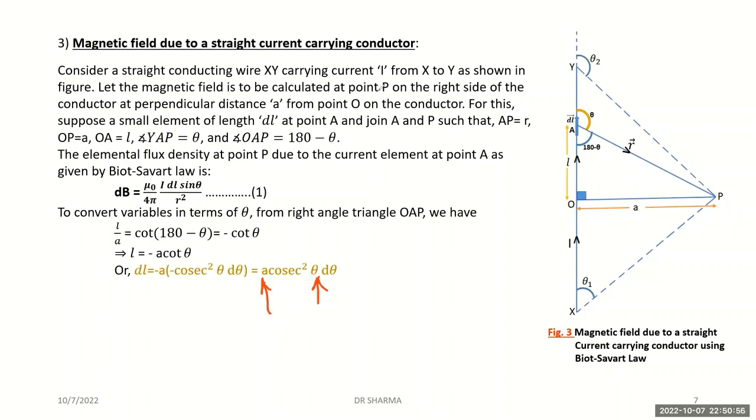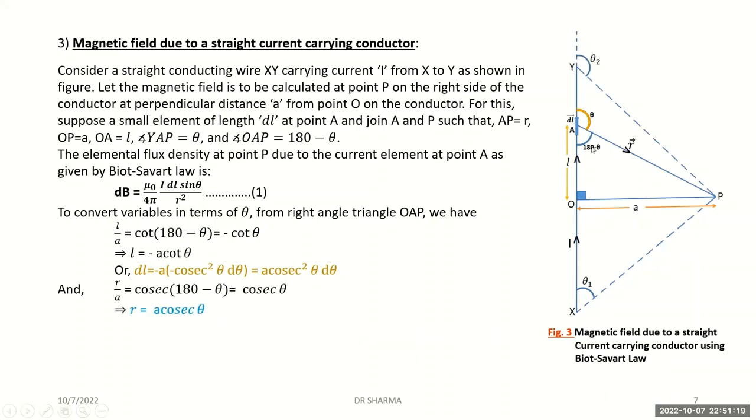Next, let us convert the variable r in terms of constant a and theta. Again, from the right angle triangle OAP, r upon a is hypotenuse by perpendicular, that is cosec of the angle.